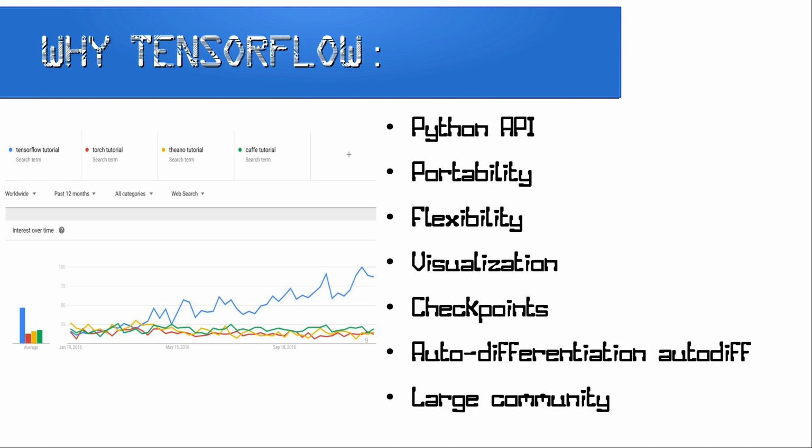Autodiff means no more taking derivatives by hand; it automatically computes them for its tensors. TensorFlow has a large dedicated open community delivering a very stable, robust deep learning framework. Large community in the sense that it had more than 10,000 commits and more than 3,000 TensorFlow related repos in 1 year of launch.